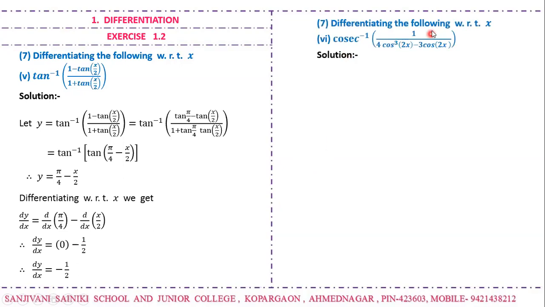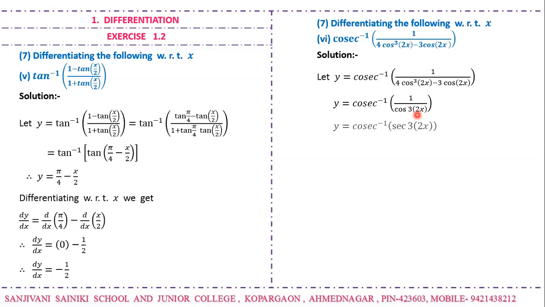Now cosec inverse of 1 upon (4 cos cube 2x minus 3 cos 2x). So again the cosec inverse can be written in terms of cos, because this is the triple angle formula. Cos 3 theta is 4 cos cube theta minus 3 cos theta. Using that formula, you will get 1 upon cos 3 times 2x, that is cos 6x.